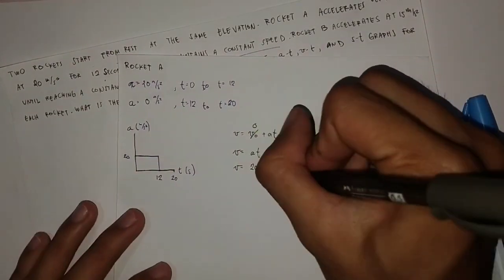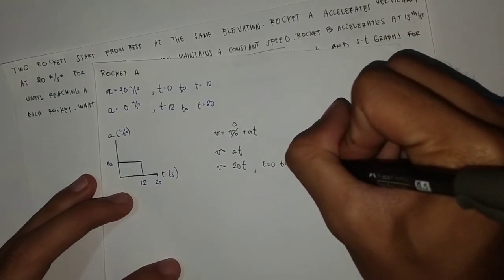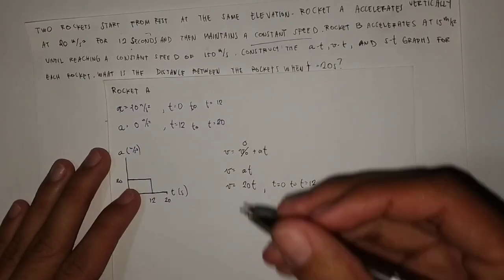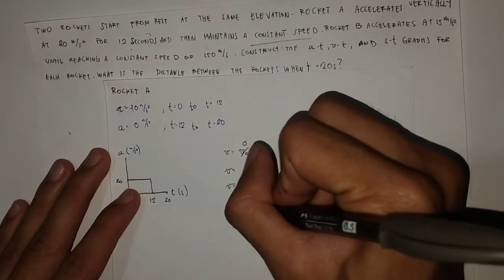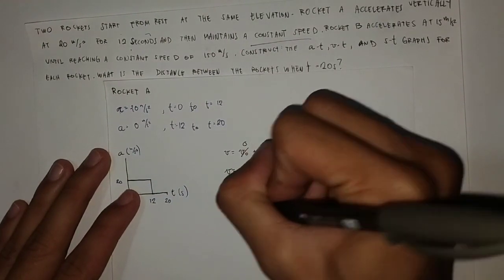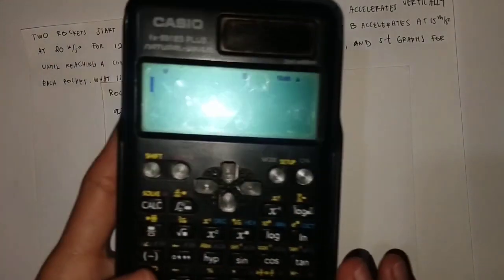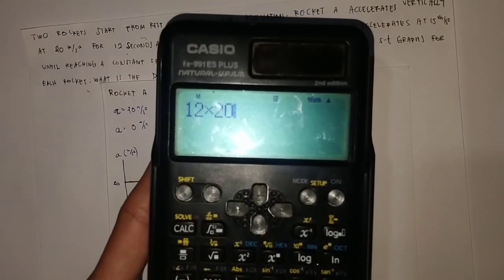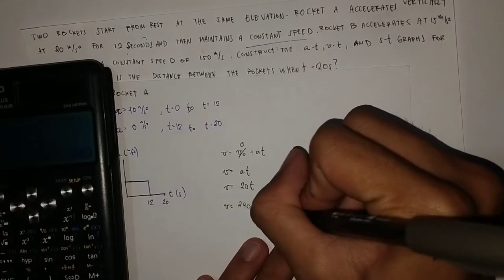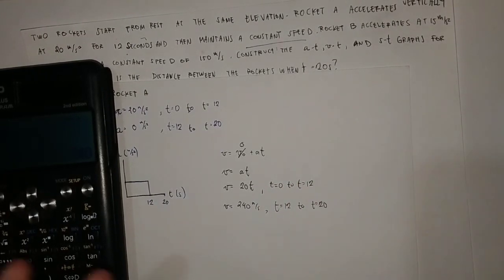This is your velocity from t equals 0 to t equals 12. Then we need to find the constant speed at t equals 12. Just substitute the value of t with 12. We have V equals 12 times 20, which is 240 meters per second for t from 12 to t equals 20.